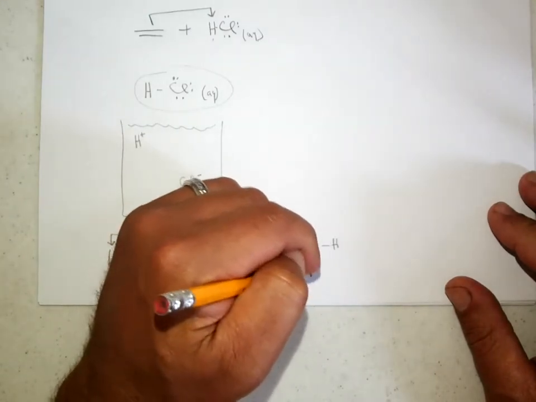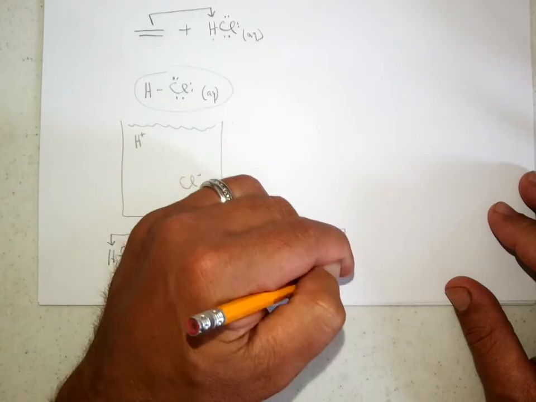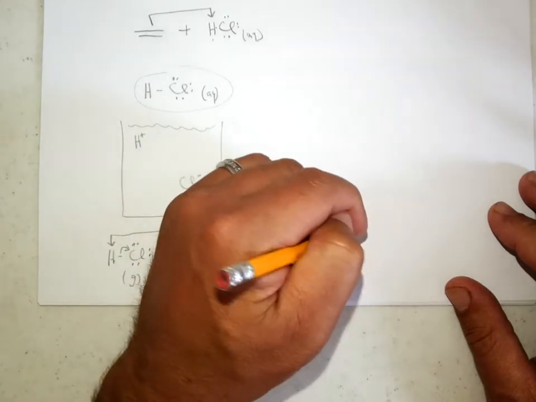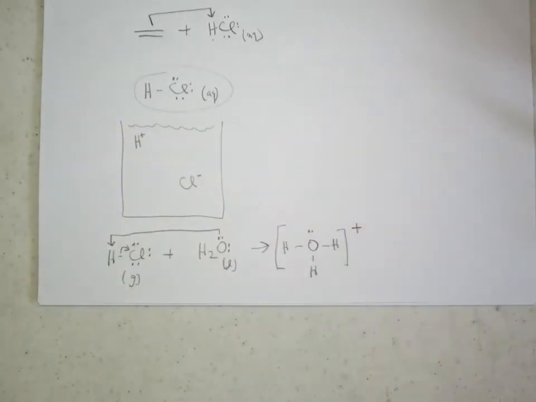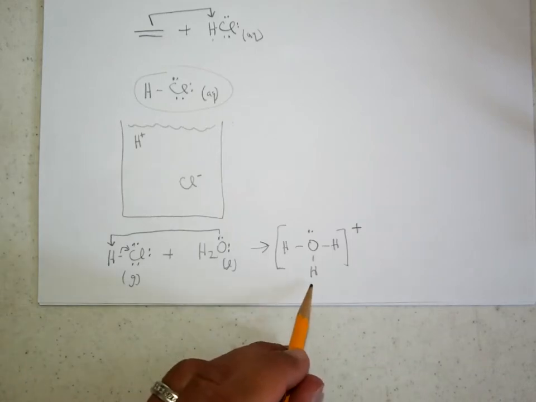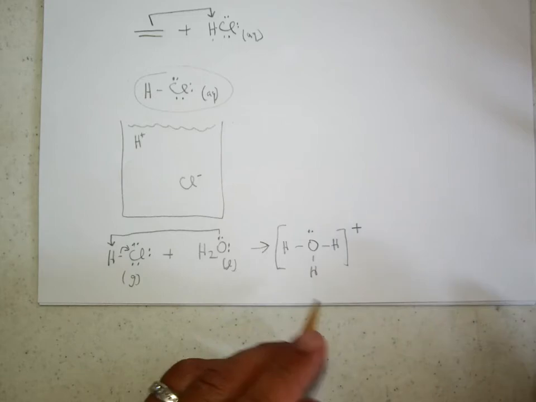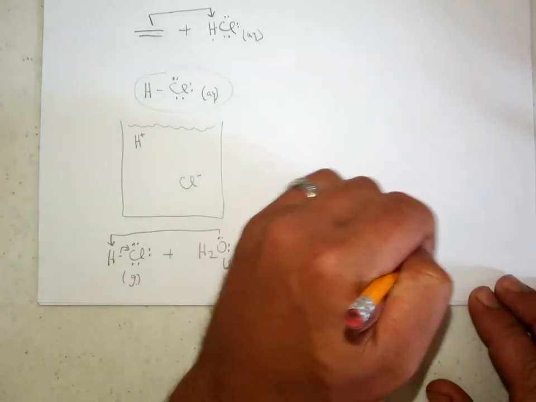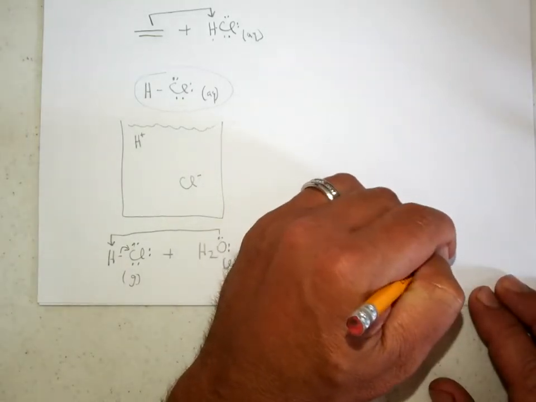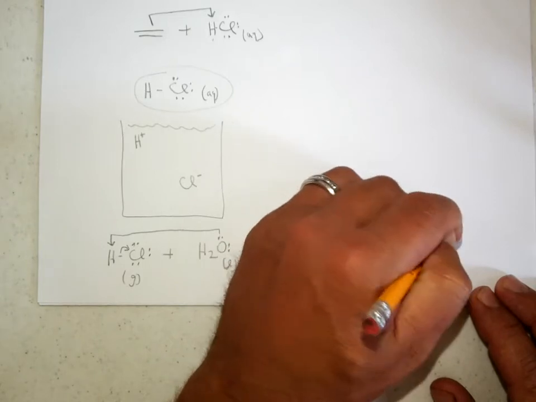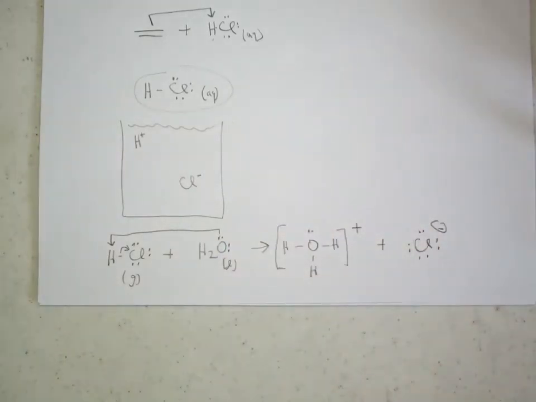So whenever you have a strong acid in water, what's really present is the H3O plus, and that's what will act as a strong acid in the reaction. And then the other thing that would be present is the counterion of the strong acid. The conjugate base of the strong acid would also be there.